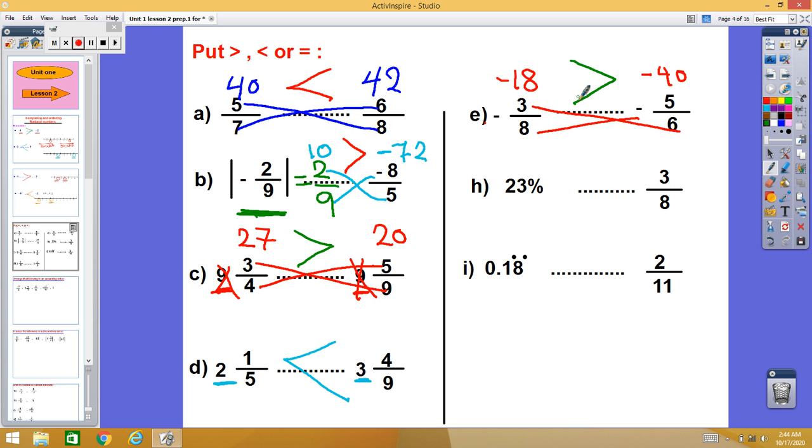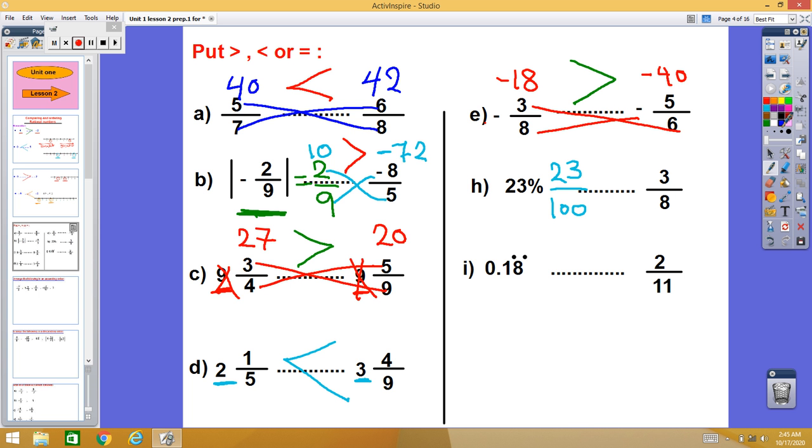The second one, if we have 23% compared to 3 over 8. So we have to change 23% into a fraction by writing 23 over 100. Now we will compare 23 over 100 with 3 over 8.